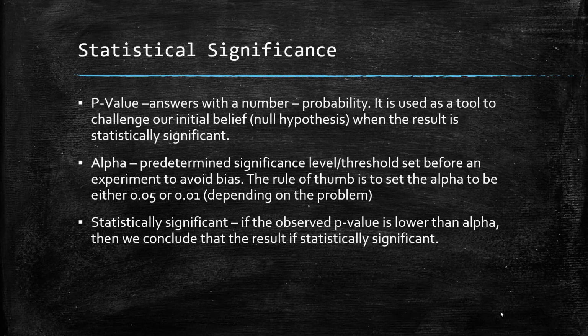Oftentimes, we look at relationships in data, and this is happening just running rampant at this point in time in terms of the coronavirus, where news media are taking some statistics and putting them out there, and we think that they're 100% accurate.